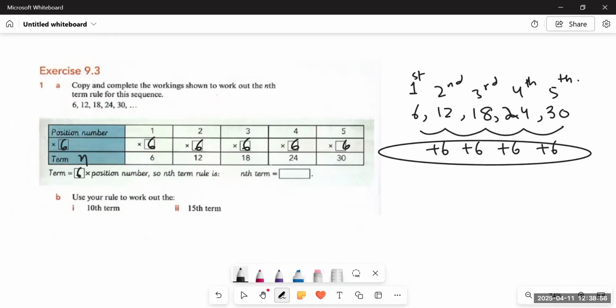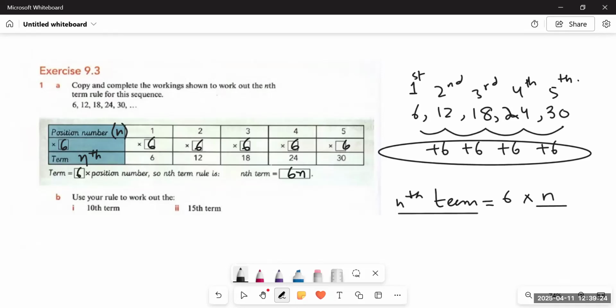So the nth term rule is 6n. Here n is the position number, and the nth term is the term at that position.